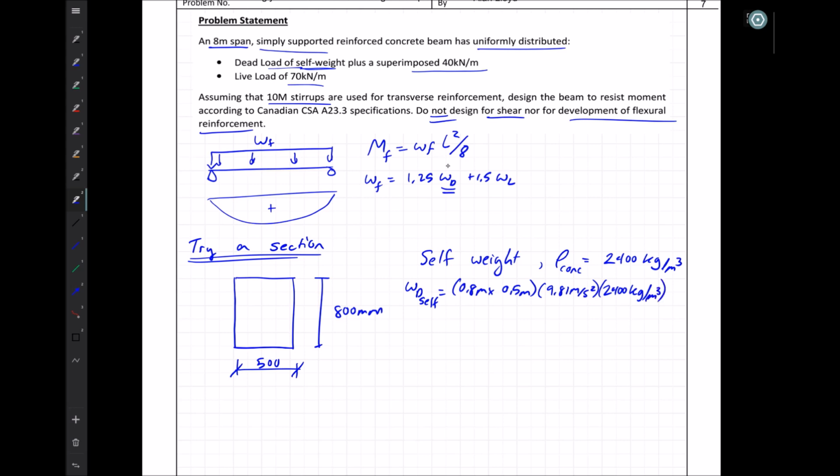This gives a W dead self of 9,400 newtons per meter. We multiply by 1 kilonewton divided by 1,000 newtons as a unit conversion, giving us 9.4 kilonewtons per meter.